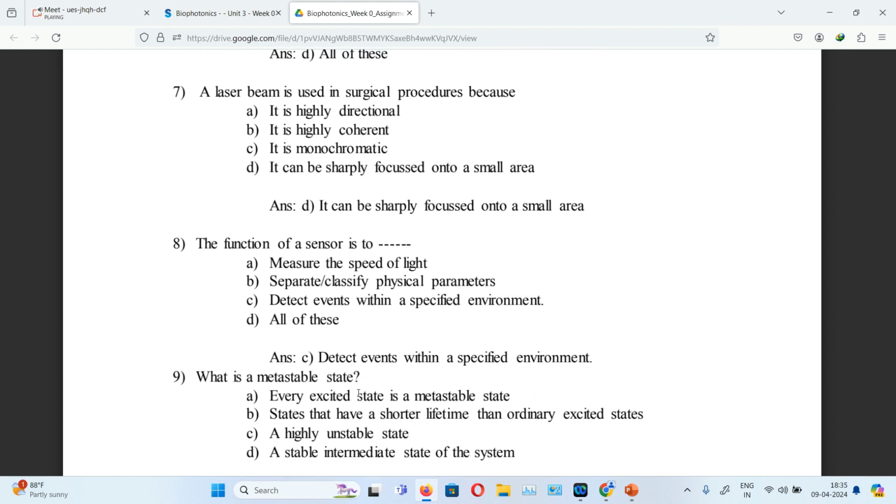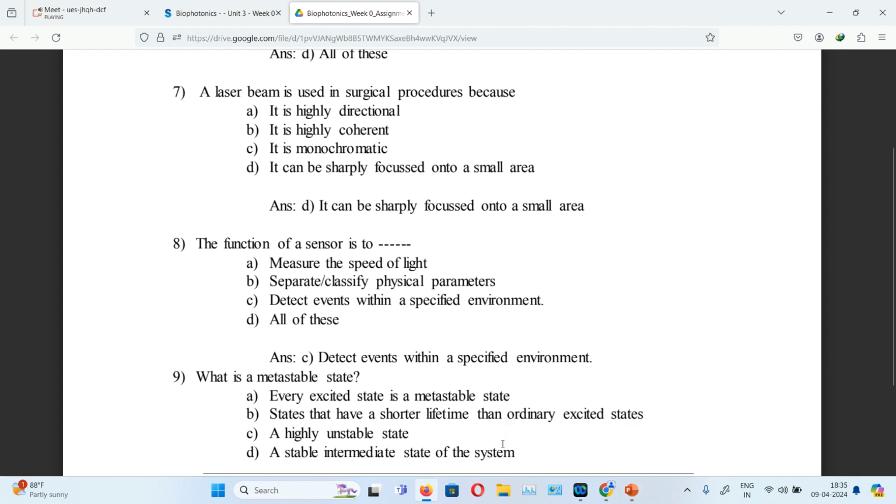What is a metastable state? Where does the effect of metastable state come in? You already know that. So what is a metastable state? Is a very excited state a metastable state?